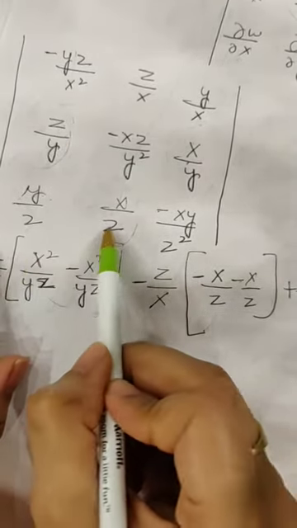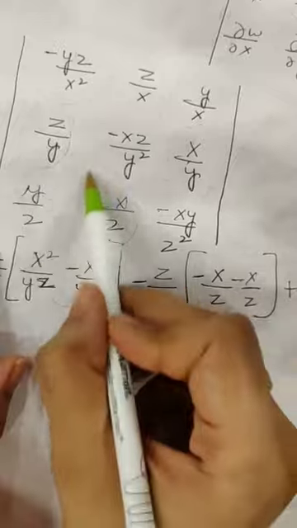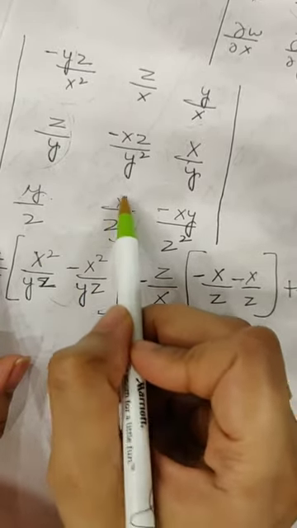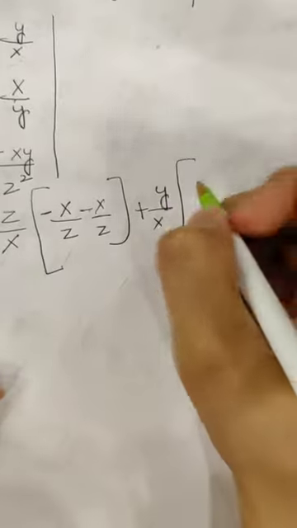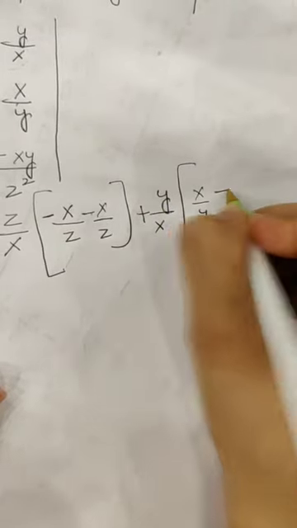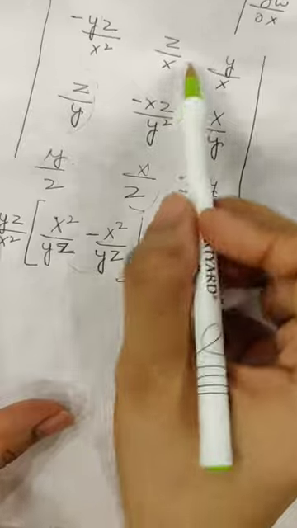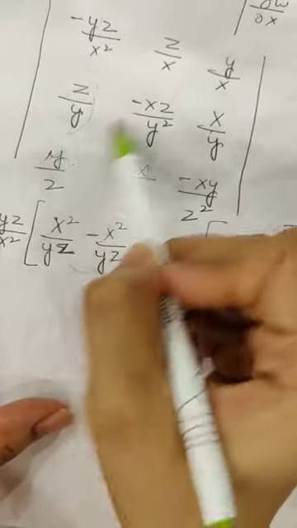If you multiply z by y into x by z, z gets cancelled, so this would be x by y, minus this term.